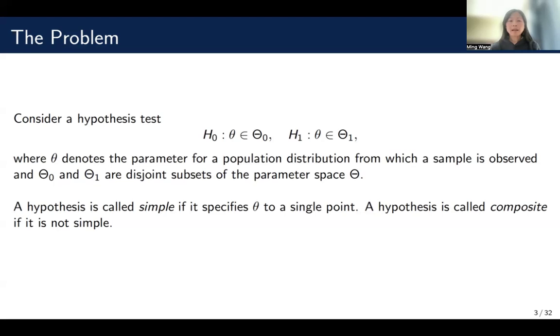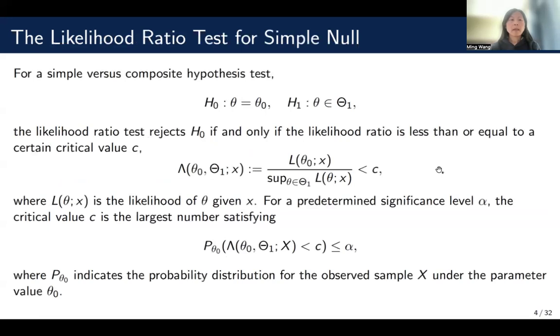A hypothesis is called simple if it specifies little theta to be a single point. A hypothesis is called composite if it is not simple. For a simple versus composite hypothesis test, the null hypothesis is little theta equal to a point little theta 0. The alternative hypothesis, H1, is little theta in big Theta 1.